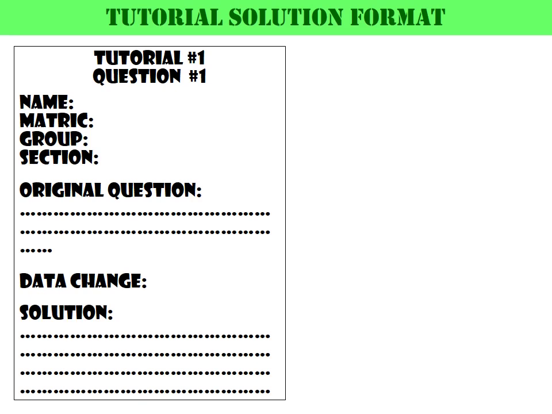In terms of tutorial solution format, this is the format for your tutorial submission. You need to state your tutorial number, question number, your name, metric number, group, and section, and you need to rewrite your original question, and also state the data that was changed by me, and then provide your own solution.